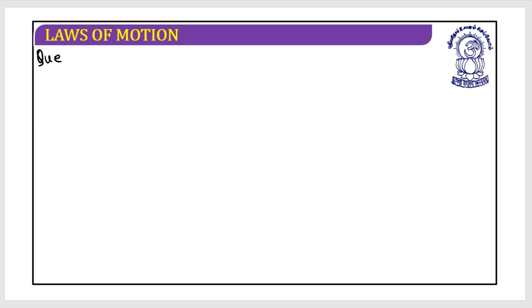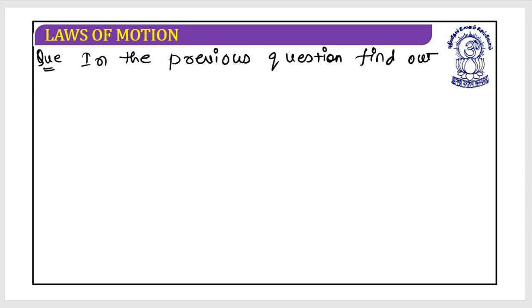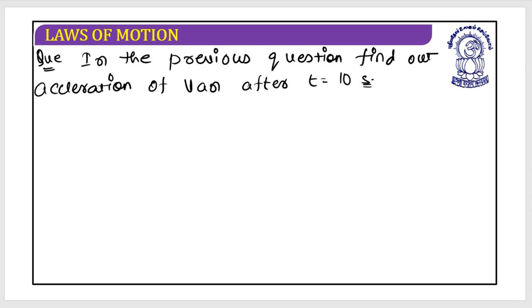In the previous question, find out the acceleration of the van after t equal to 10 seconds, let's say. So what we used to do is that acceleration was v into dm by dt divided by mass m.